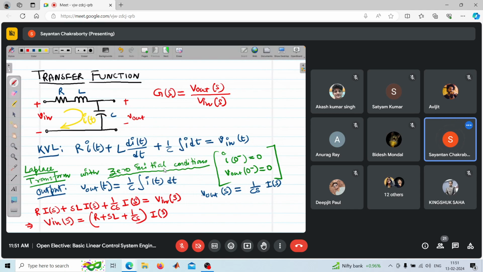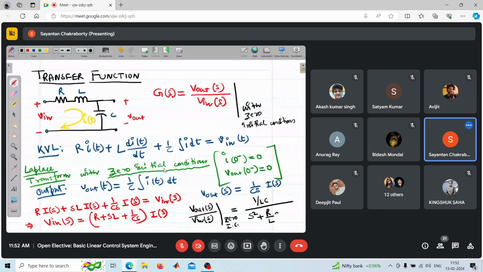So the transfer function, with zero initial conditions, will be, after simplification, 1 by LC divided by s square plus R by L s plus 1 by LC.